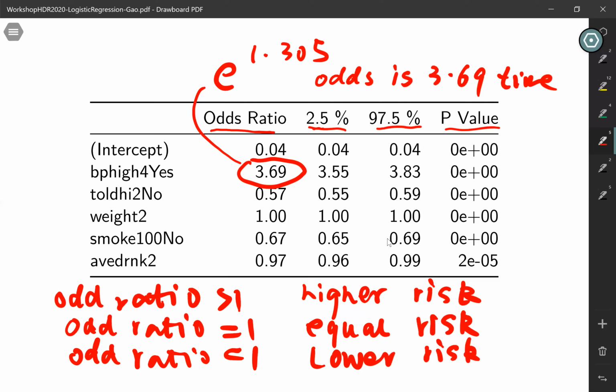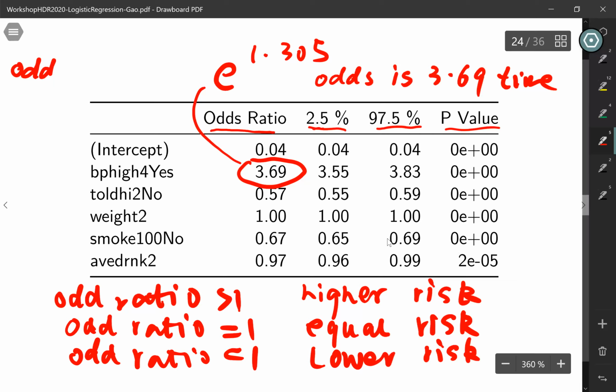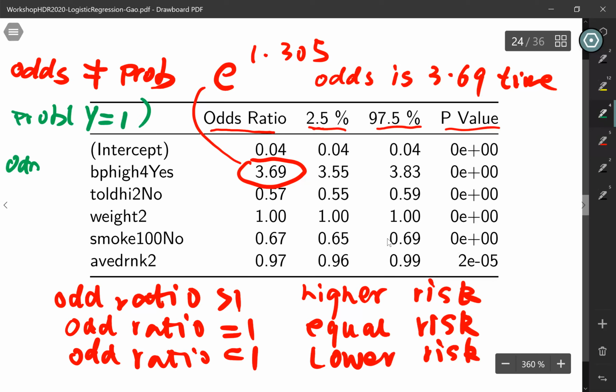So this is very important. Odds is not the same thing as probability. Probability means the probability that y equals 1. Odds means the probability that y equals 1 over the probability that y is not equal to 1.